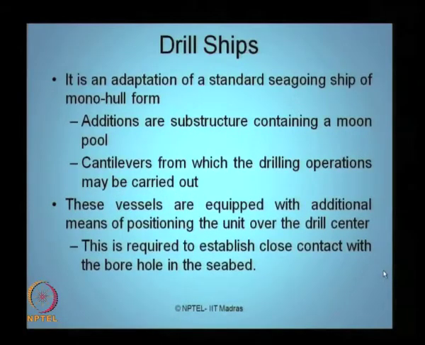Now, drill ships are large vessels which are equipped with additional means of positioning the unit over the drill center. You may wonder why I have got to position the drill ship exactly over the drill hole. It is required to establish a close contact with the borehole in the seabed.